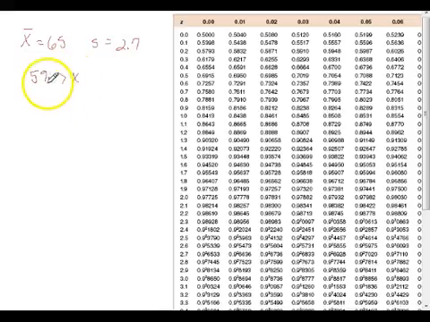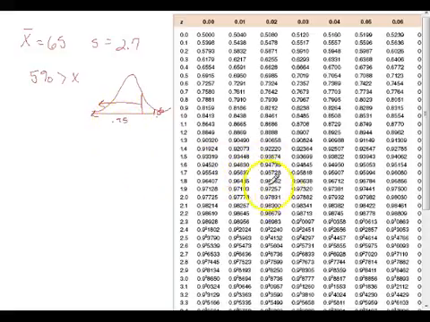The first thing we have to do is figure out what probability we're looking for. In this table we're given the probability of being less than a given value. So if we want the height beyond which only 5% of all women fall, that would be 0.05, which means we need to look up the probability for 0.95.